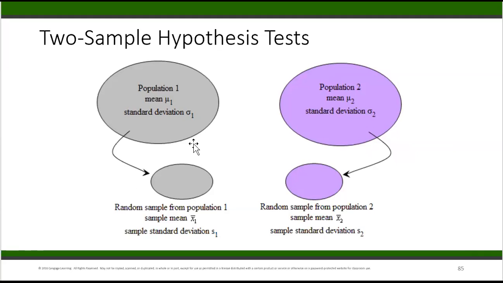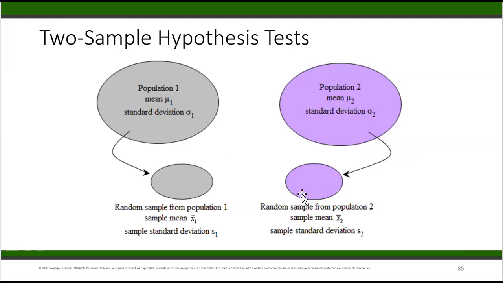In general, in the cases that we're going to do in this course, we're going to be comparing the population means of two populations, and comparing the standard deviation of a specific variable coming from two populations.